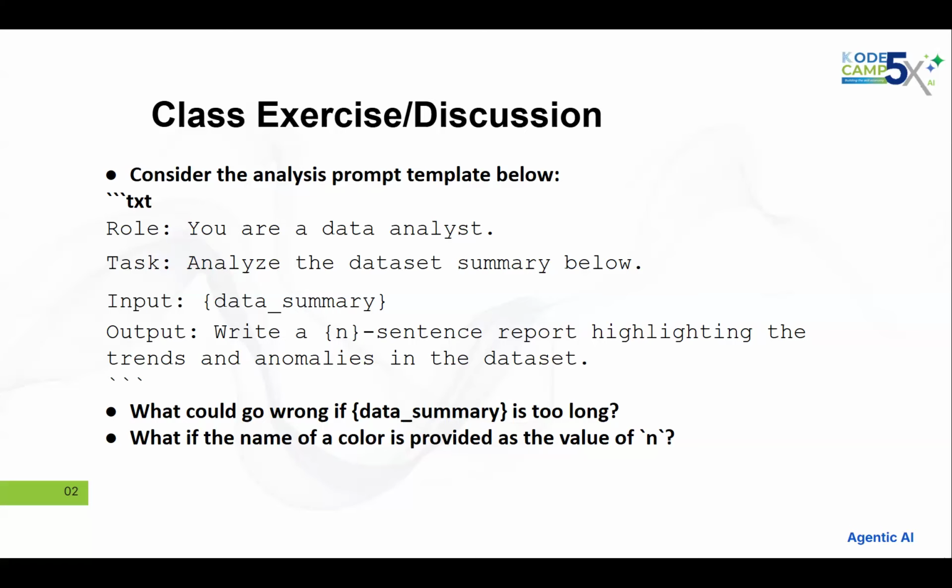So if you're asking an LLM to do something that requires counting, it's best to be a little flexible. So you could say, write a report of about N sentences. So if you say about 5 sentences, 3 sentences could be fine, 7 sentences or 8 sentences could be fine.